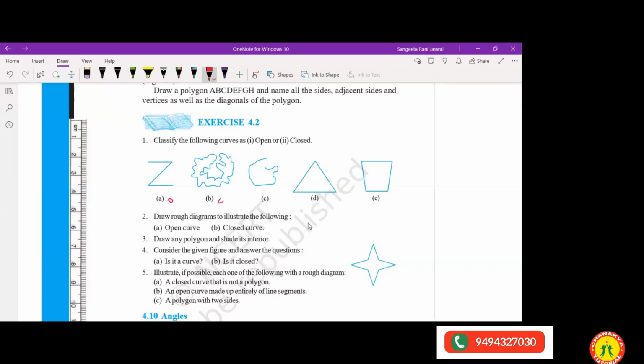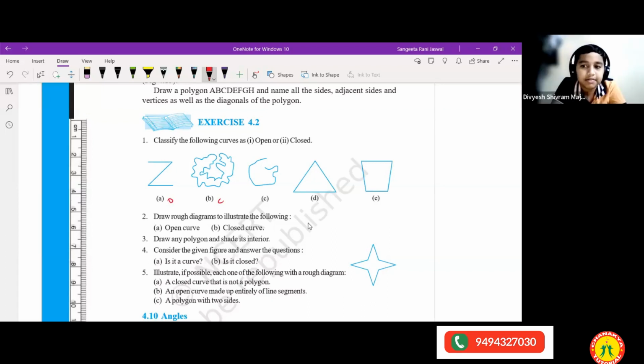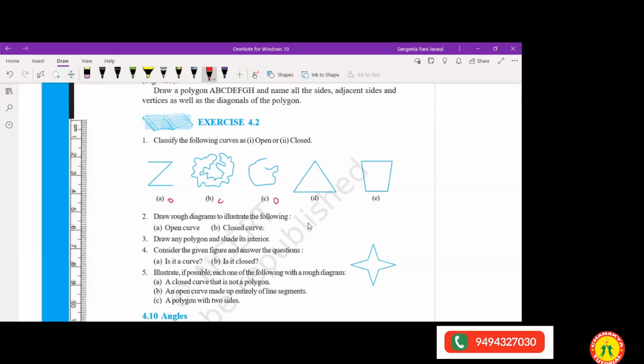Divesh, which curve is this? It's an open curve. Okay, next. Hridesh, which curve is this? Closed. Advika, which curve is this? Closed. Okay.